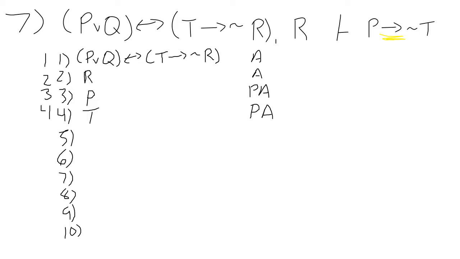Well, first things first, we have this biconditional, and we can write out the conditional p or q, arrow t, arrow tilde r from 1 biconditional out.